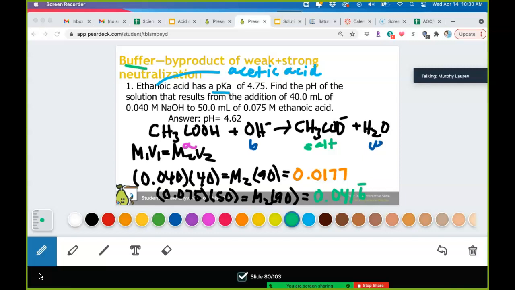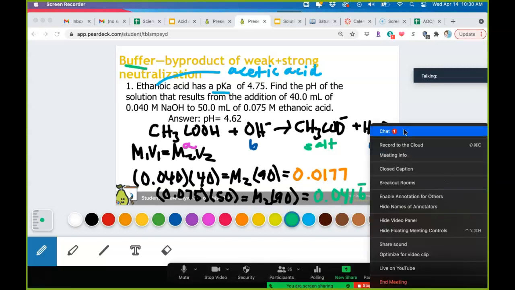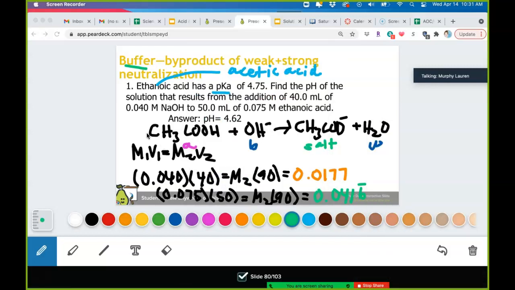This is a chemical reaction. So the question now becomes, what type of problem is this mathematically? Not chemically, it's an acid-base problem, chemically. But mathematically, what type of problem is it? Limiting reactant. Why? You know amounts of both reactants.